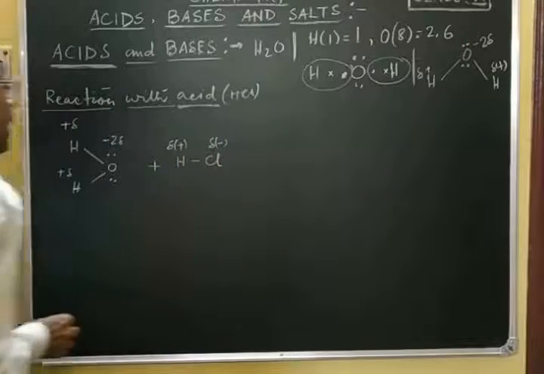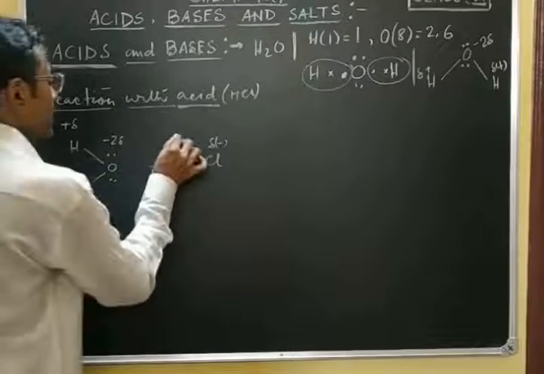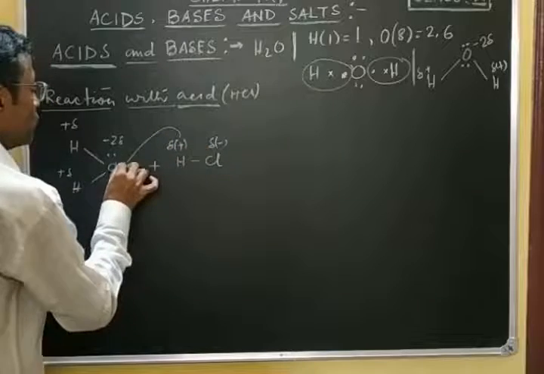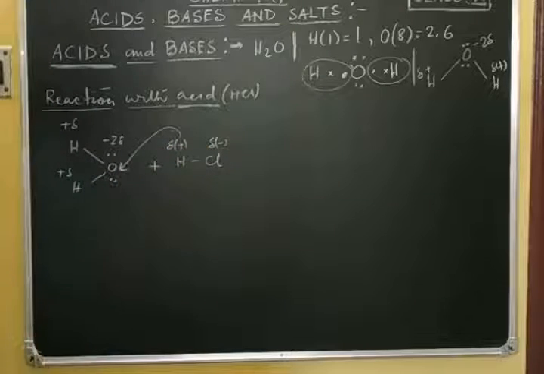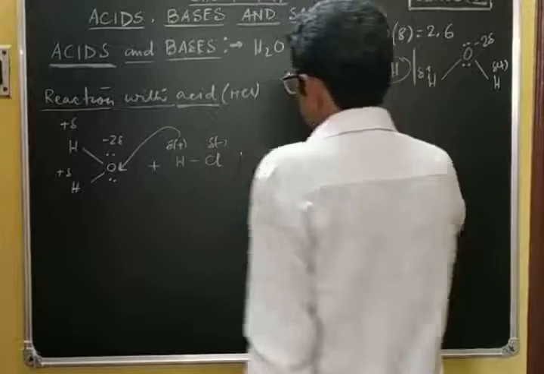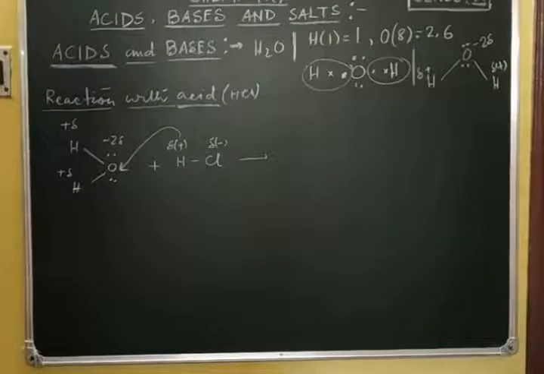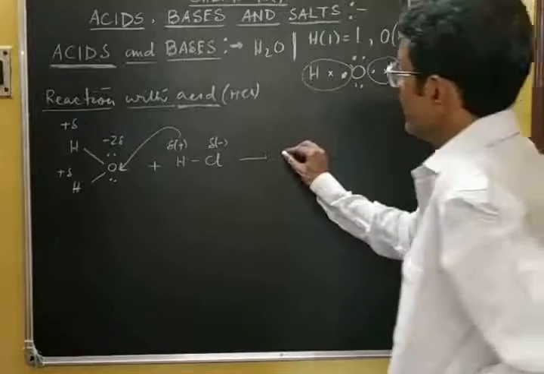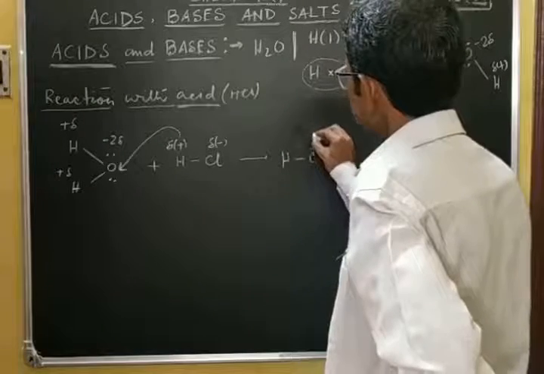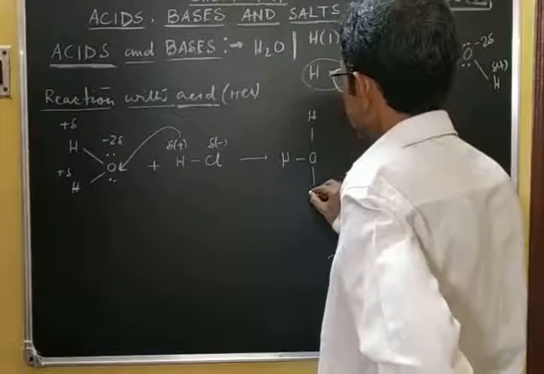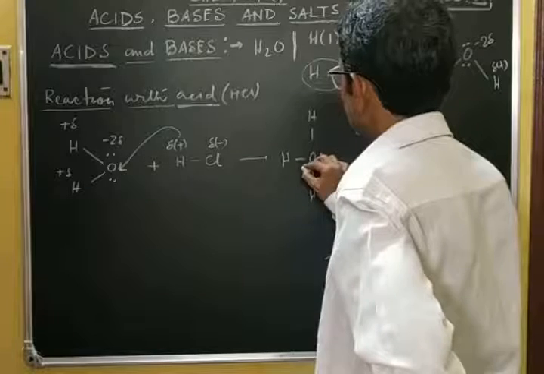So remember how it works. This hydrogen moves towards this one, attacks this one. So see here what the product is. We are having H, and there are 2 lone pairs of electrons.